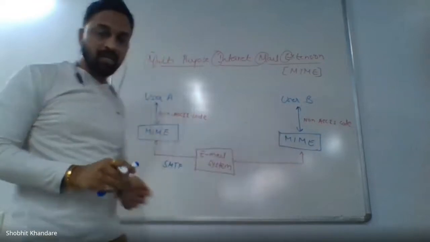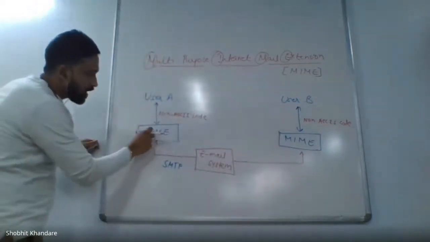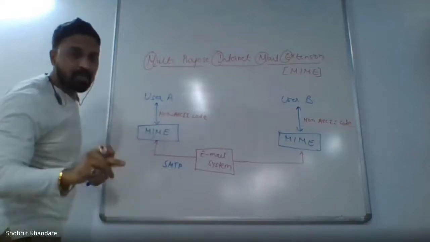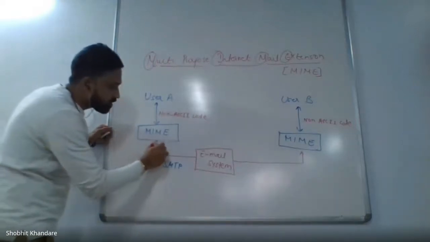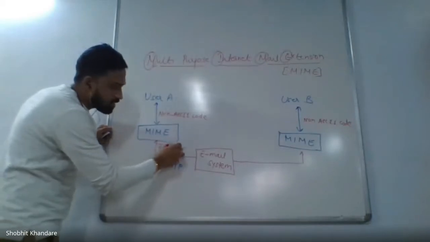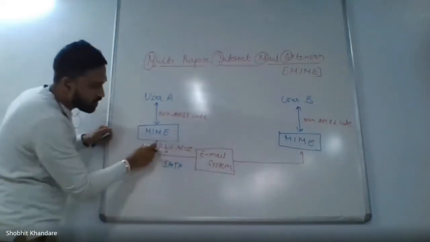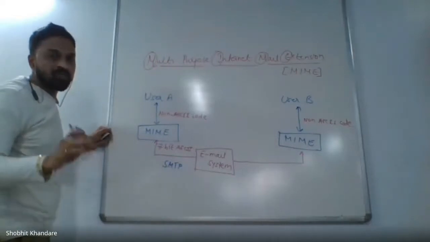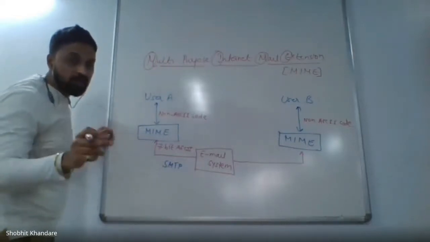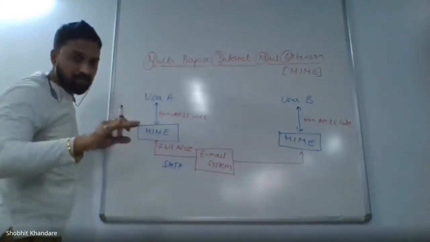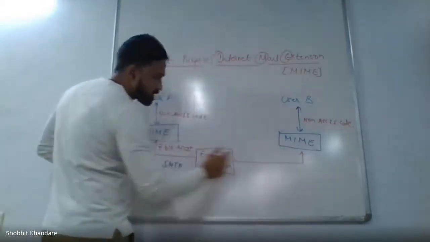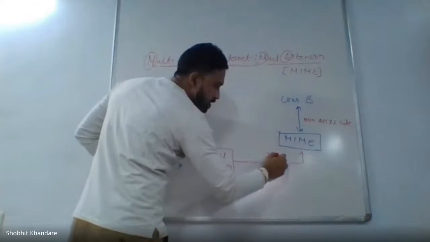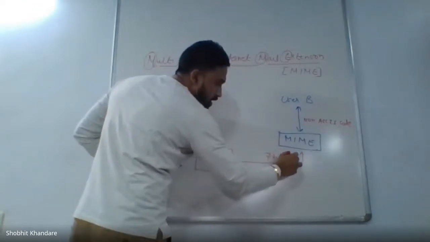So I can write down what is the output of MIME. The output of MIME is 7-bit ASCII. So as far as MIME is concerned, the output is 7-bit ASCII value or ASCII code. Here also, it is 7-bit ASCII code.